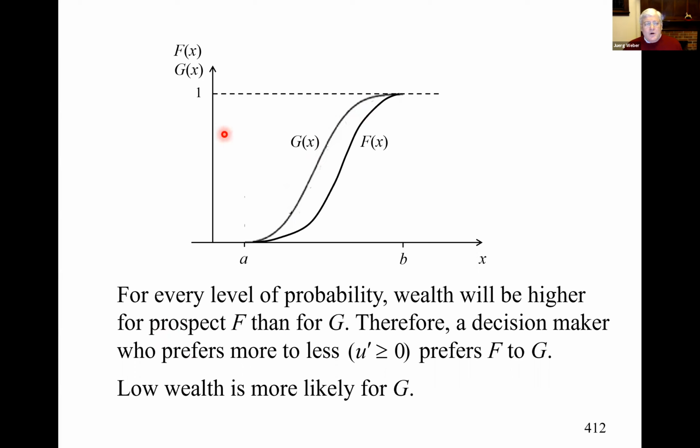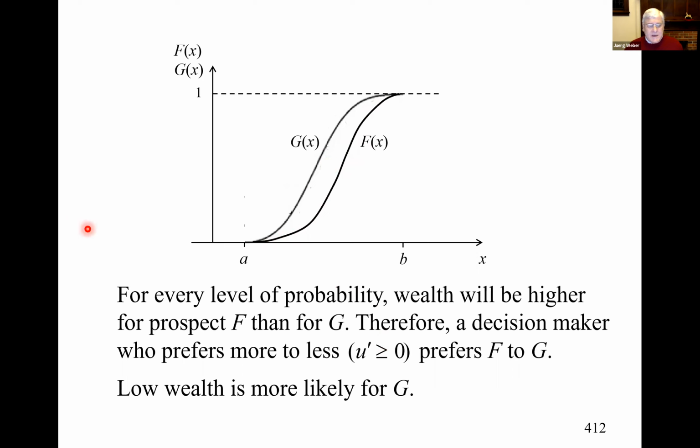And then F is the preferred one, because for every probability, the X value here is bigger than here. Those are just the wealth. For whatever probability you take, F gives you higher wealth than G. And so a person who prefers more to less will now prefer this prospect F.